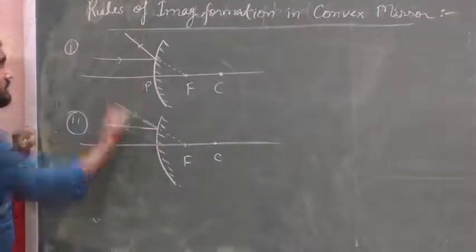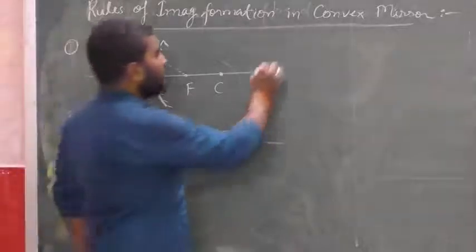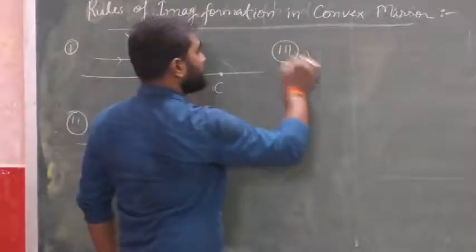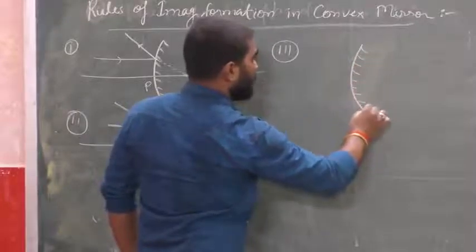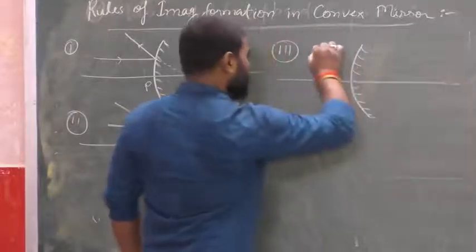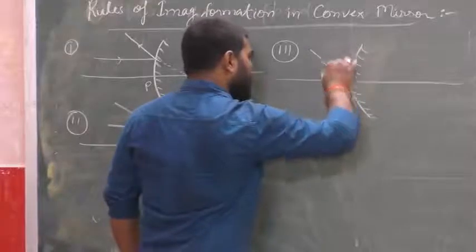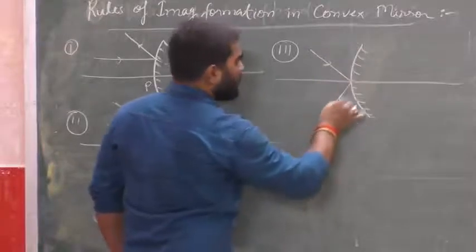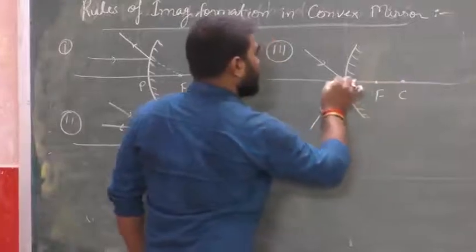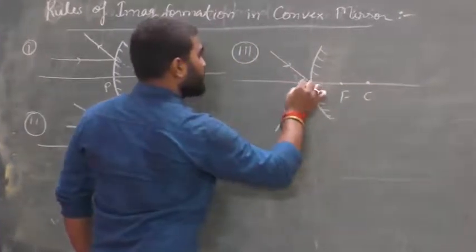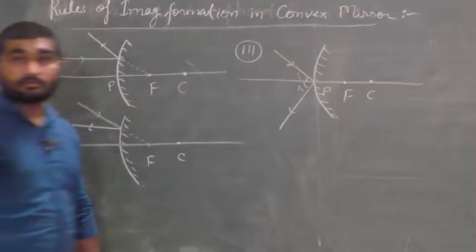This is the converse of the first rule. Now in the third rule, when the ray of light falls on this convex mirror on its pole, then the ray of light will be sent back with the same angle. Here the angle of incidence will be equal to the angle of reflection.